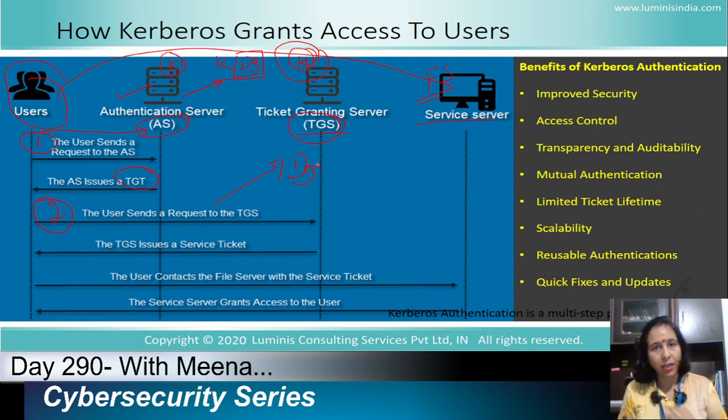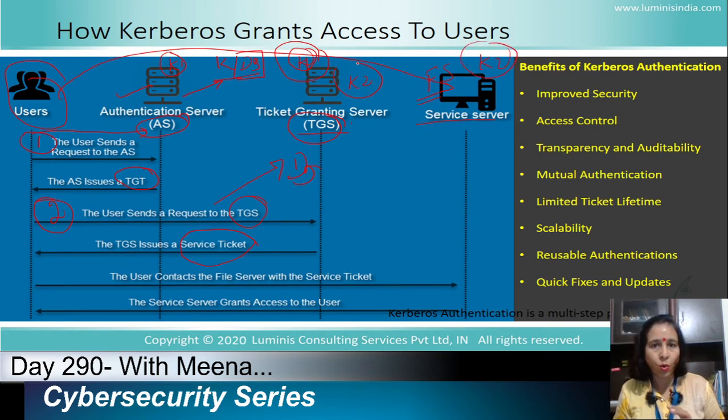If the request sent by the user is decrypted properly, it will generate another encrypted message, the service ticket. The service ticket is encrypted with another key that is shared between the TGS and the service server, which is our file server. For example, this is key 2.